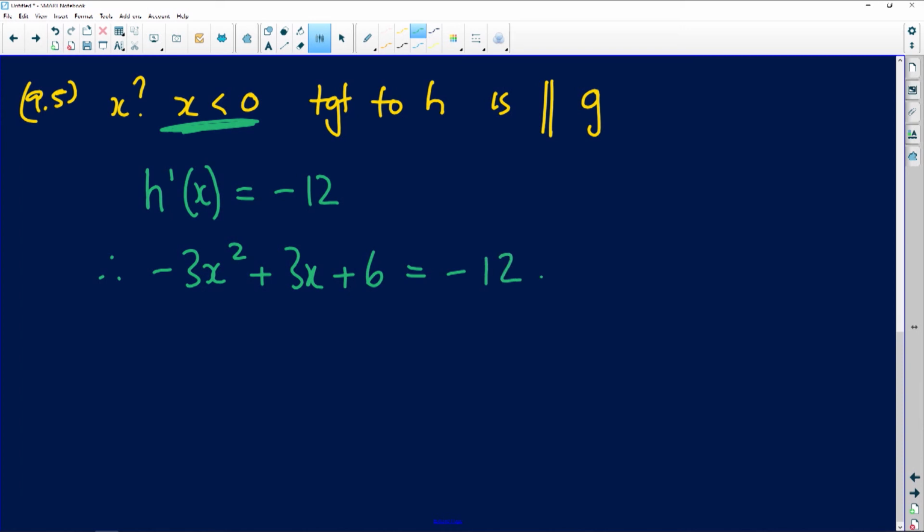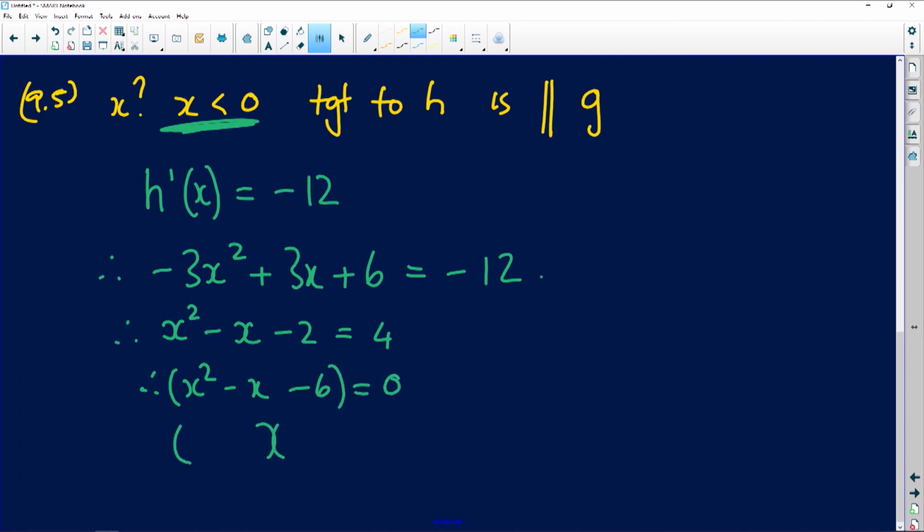Now look again, everything is divisible by 3. So if I divide everything by minus 3, I get x squared minus x minus 2 is equal to 4. The 4 comes to the left. x squared minus x minus 6 is 0.